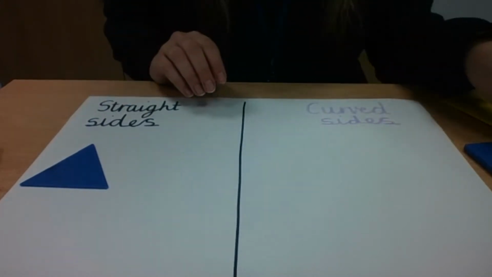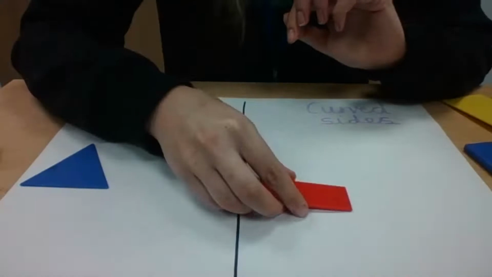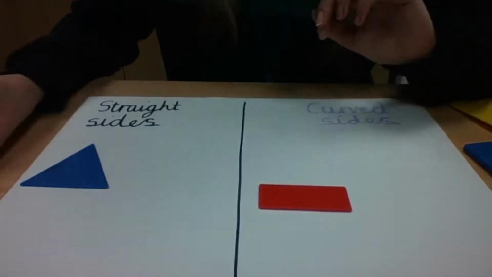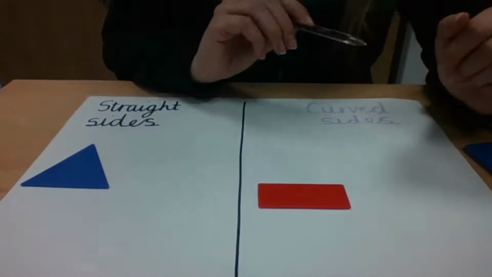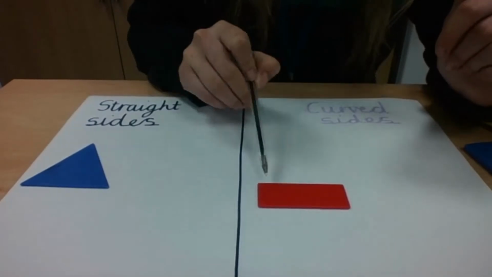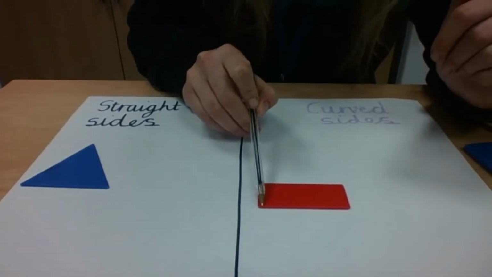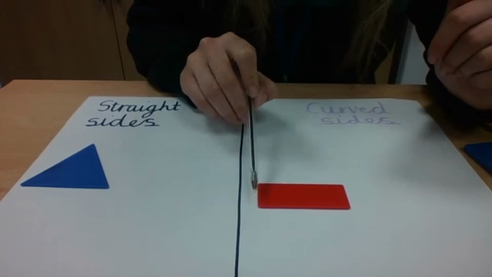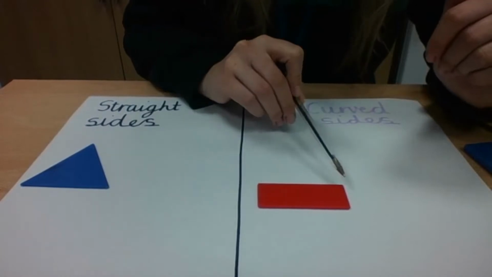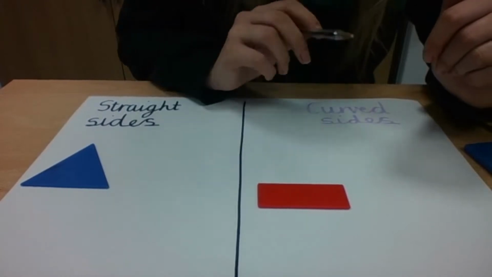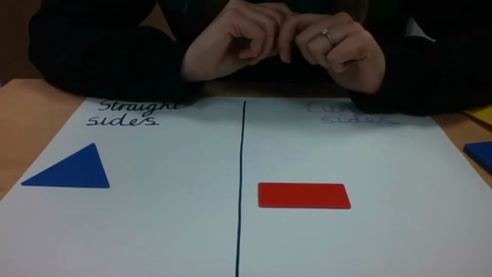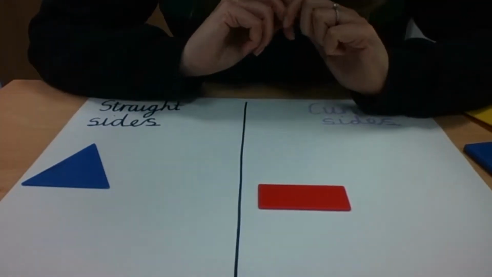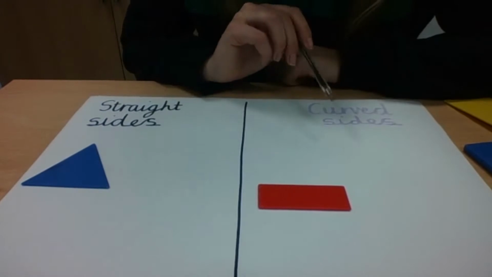Let's have a look at this shape. What was this shape called? A rectangle. Now, a rectangle has got 1, 2, 3, 4 corners and 1, 2, 3, 4 sides. Now, it's got 4 sides, but can anybody remember what is so special about the sides on a rectangle?